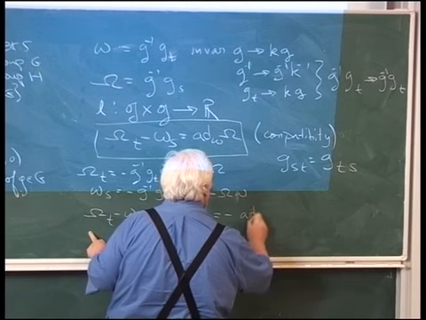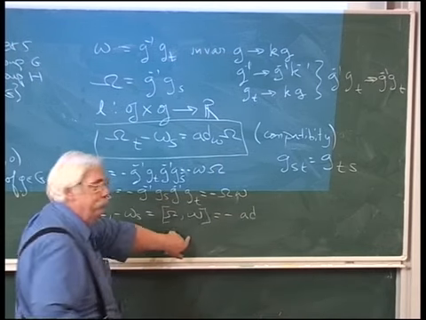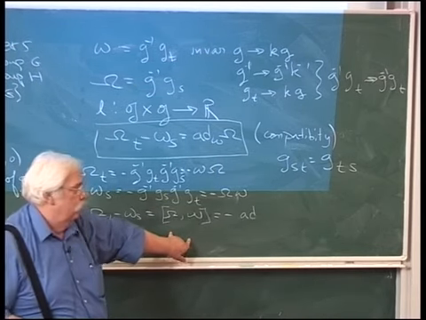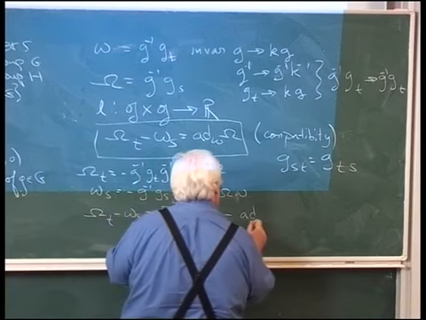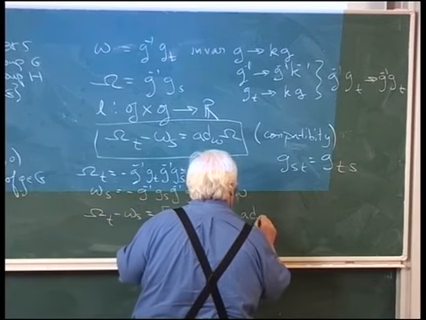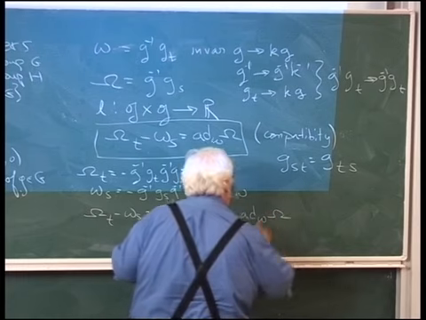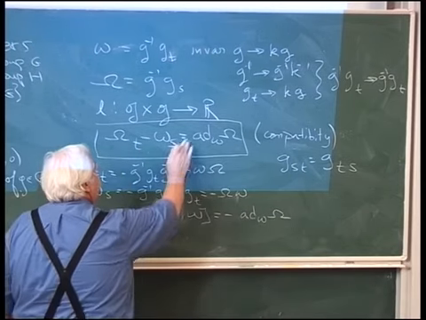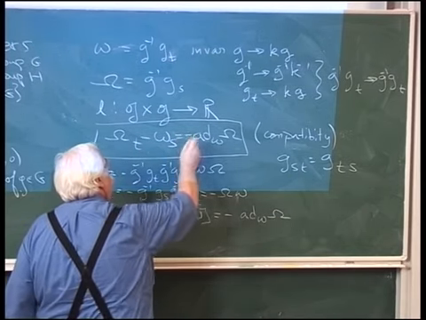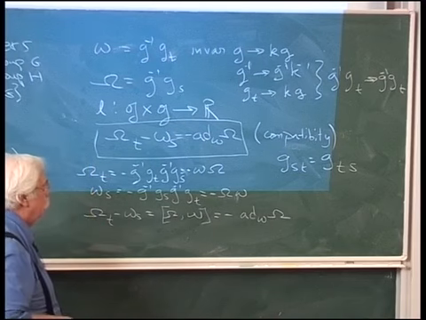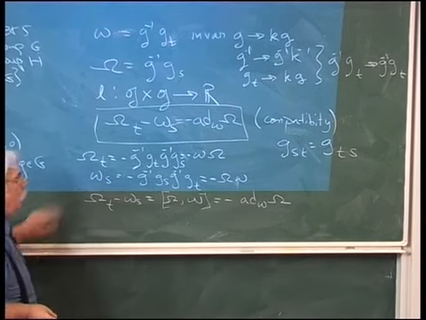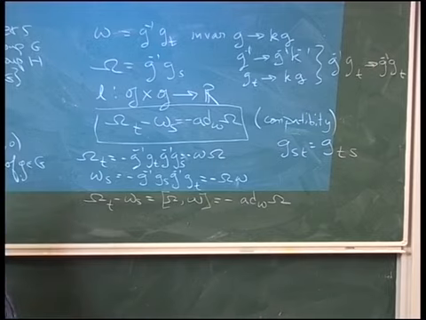I wanted to define this object. This is the Lie bracket under the algebra, and I want to define this notation. It's minus like that, so the sign is minus. Okay, so that's what I mean by compatibility.